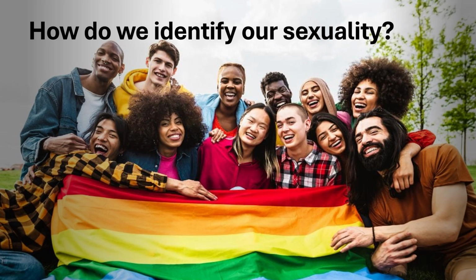So, of course, L and G are known as lesbian and gay, so they would fall under the section of homosexual. Then we have B, which we talked about, is bisexuality. They are attracted to both genders. Transgender, we just talked about. That means the identification of being maybe female, but identifying as male or vice versa.